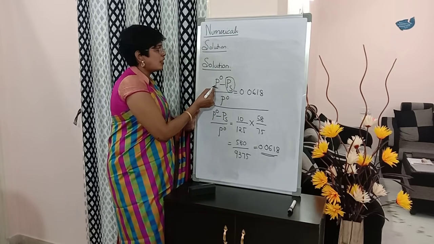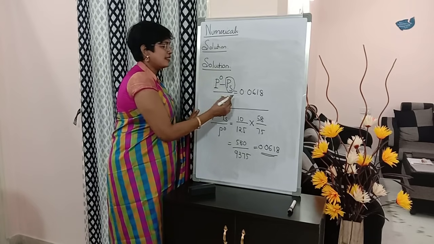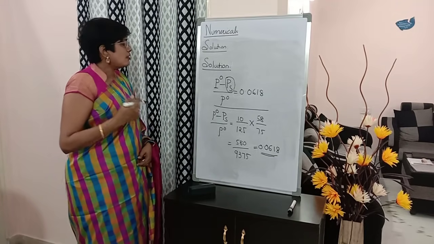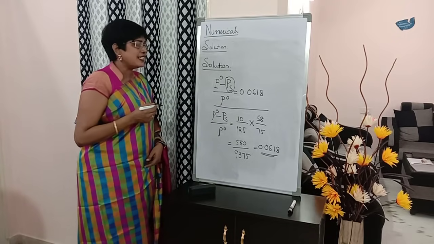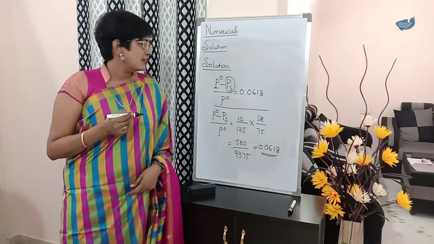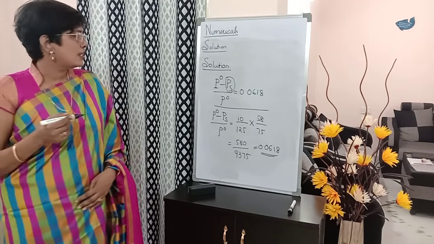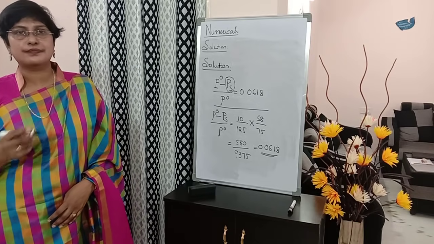You substitute the P naught value here, P naught minus PS, as PS is equal to 0.0618. Okay. So, substituting the values here, you can calculate PS. Okay. So, write down P naught minus PS by P naught is equal to 0.0618.